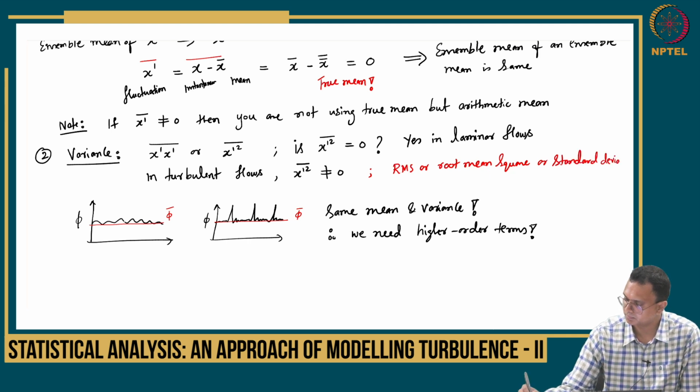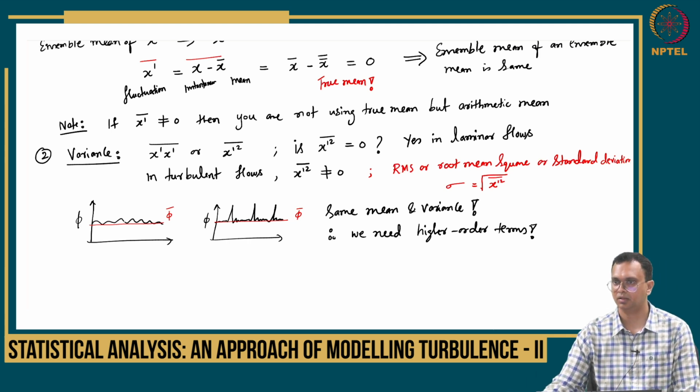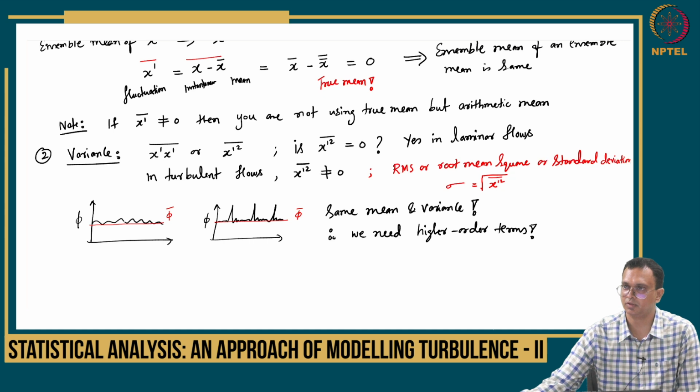So sigma equals x prime square average, and of course there is a square root of it. So square root of mean of the square of your fluctuation, RMS, root mean square. This is also very often used in turbulence literature.